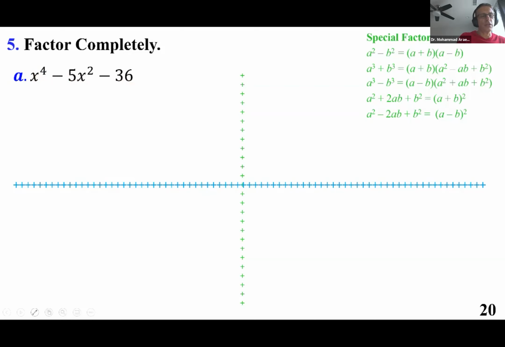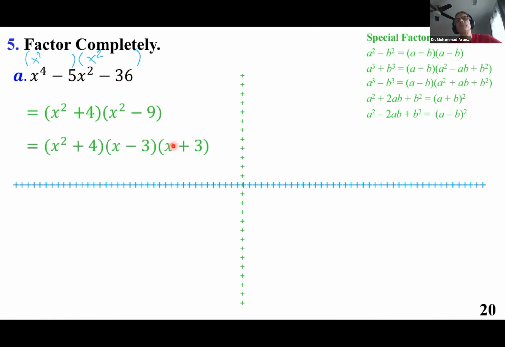Or you may notice that if you write this as x squared and the second parenthesis as x squared, then it works out like the simple factoring you've seen. You want two numbers, the product is negative 36, and the sum is negative 5, so you get positive 4 and negative 9. Now, x squared plus 4, there is nothing we can do, but this one we can factor it into x plus 3 times x minus 3.